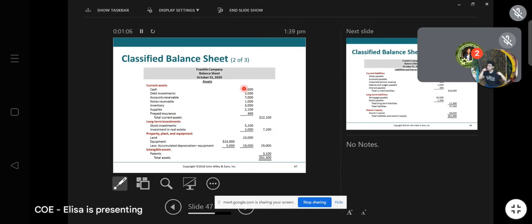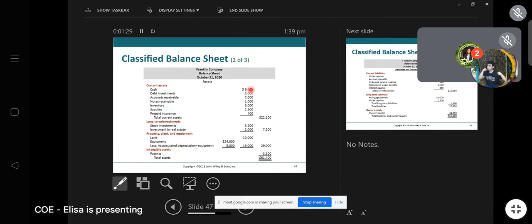So take a look at the presentation. Depending on the presentation, different books may have different formats, but what is important is that there is proper indention of classification.